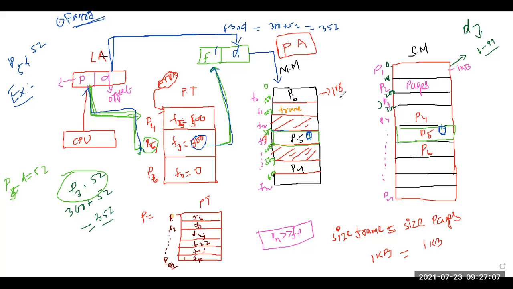Third point: the size of the frame and the size of the pages must be equal. Again, the size of the page and the size of the frame must be equal. Over. Completed. Next point.